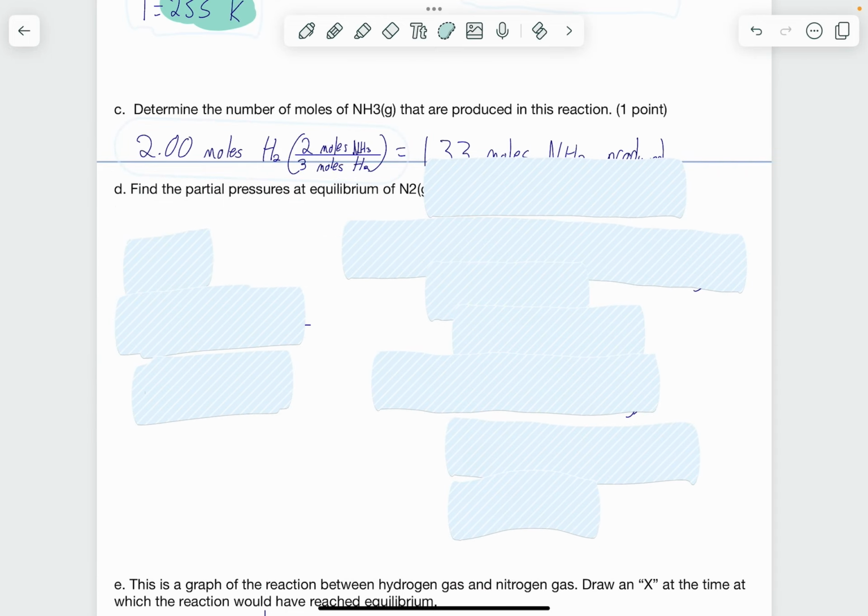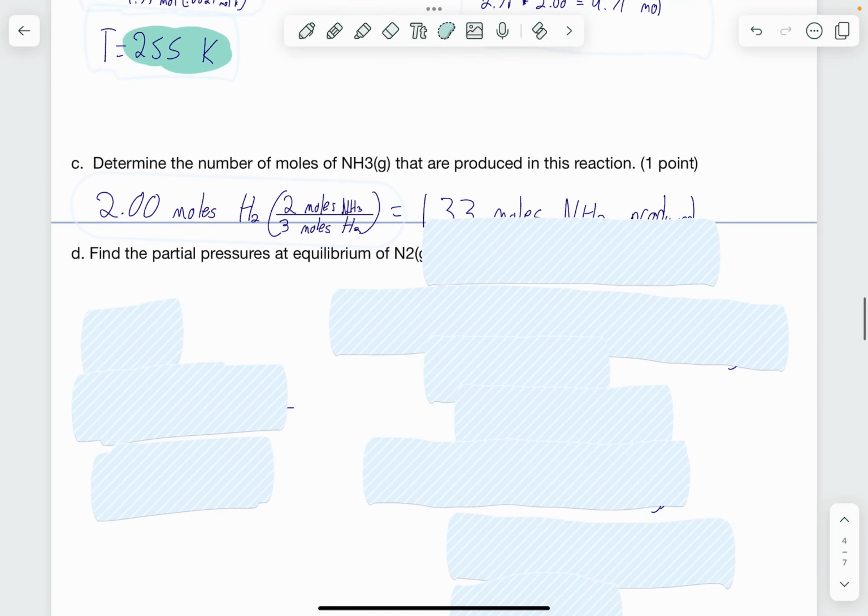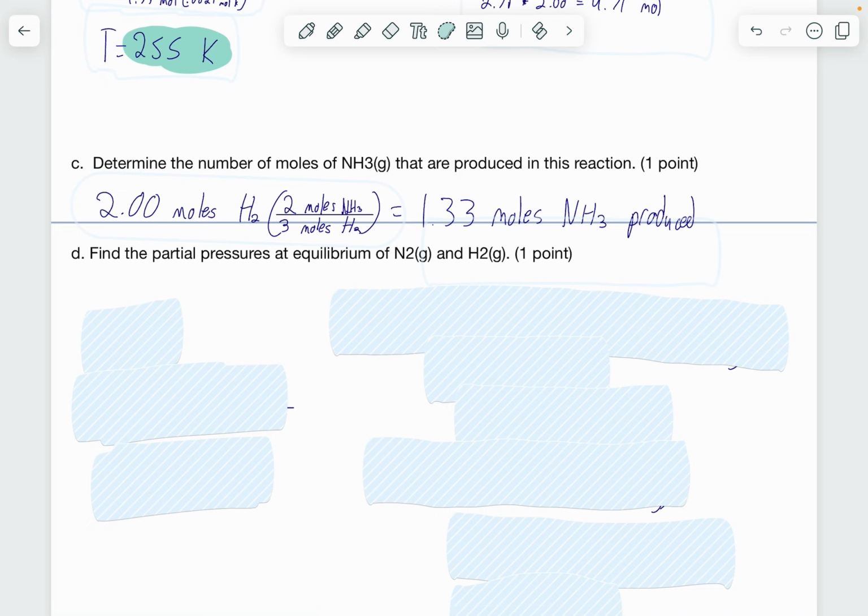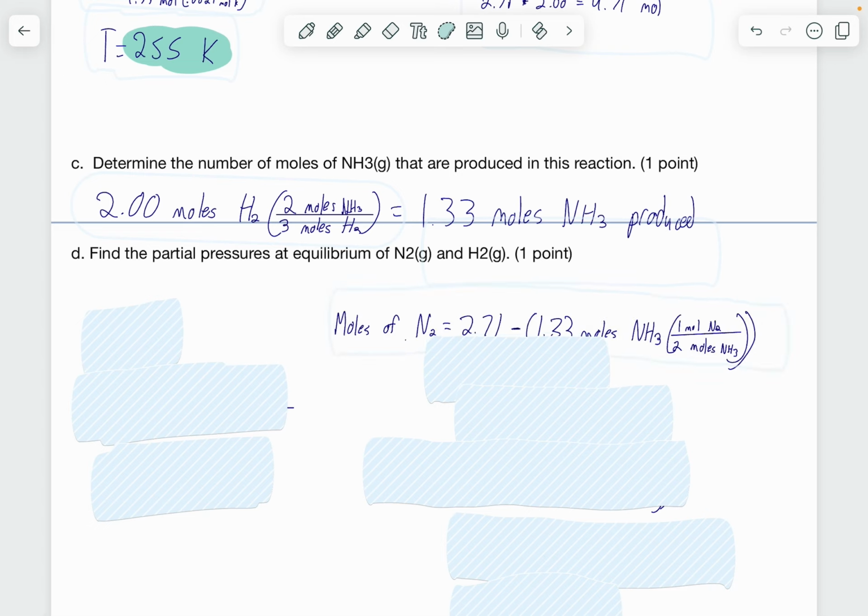Find the partial pressures at equilibrium of nitrogen gas and hydrogen gas. So we have the number of moles. Now let us find the partial pressures. The thing with this is that we know that not all of the nitrogen gas is going to react because hydrogen is the limiting reagent.